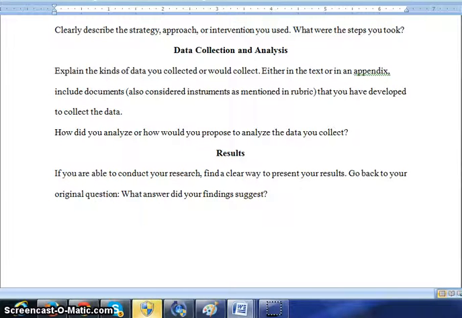If you use surveys, interview questions, a letter to parents asking permission, all of these will be included in this section, and they'll also be included as an appendix, or this will be the appendices, and each one will get their own letter. It'll be Appendix A, Appendix B.